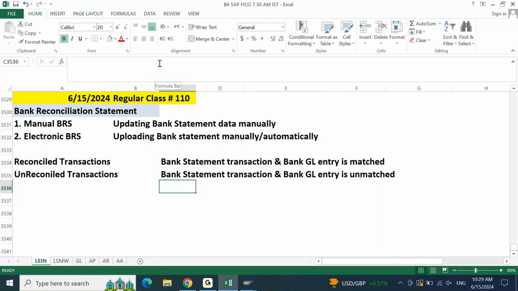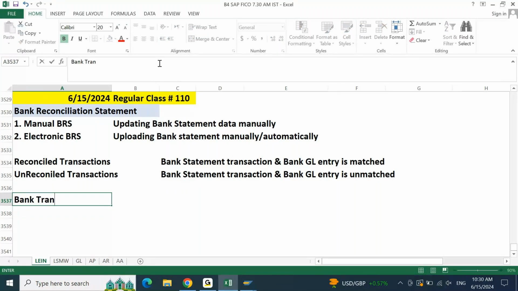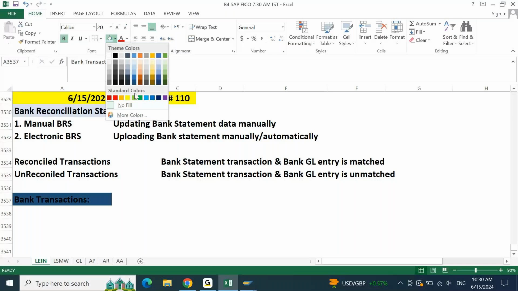Before we come to understand how SAP is working with respect to BRS, slowly we need to start understanding how exactly BRS is performed. If you look at anything, this is all about bank transactions. When you're talking about bank transactions, you should have a clarity what are the bank transactions.